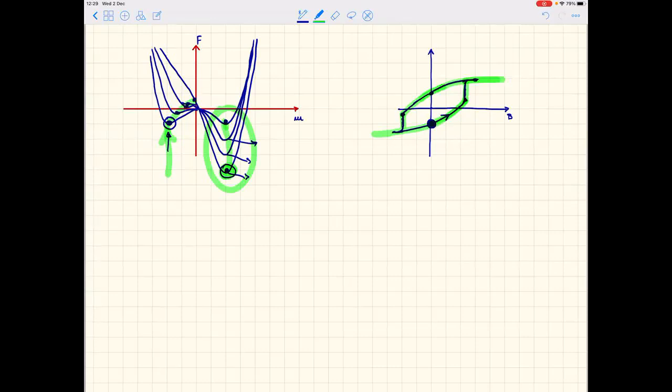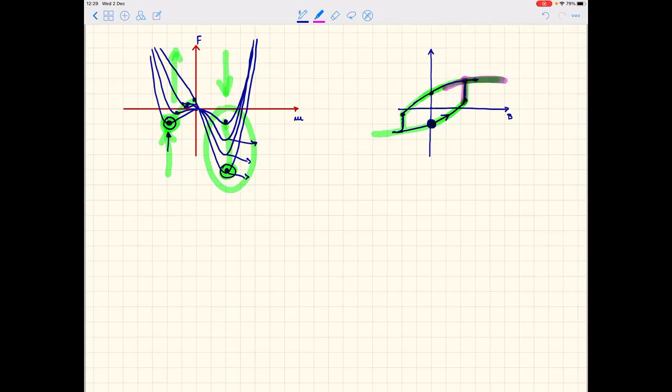Yes, exactly. In other words, I start from a symmetric situation. The system is sitting here. When I apply a magnetic field, this goes down, this goes up. But I'm always staying here until it becomes unstable. When it becomes unstable, I jump and I stay where the true minimum is.